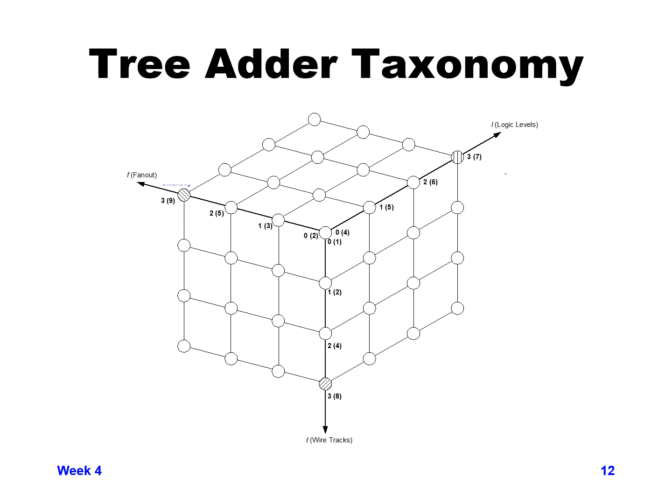As I mentioned, tree adders have a 3D taxonomy based on three parameters: l for logic levels, t for wire tracks, and f for fan out. So if we had a 16-bit adder, which I've been talking about on and off through the last few foils, like I mentioned, l plus f plus t has to equal 3.